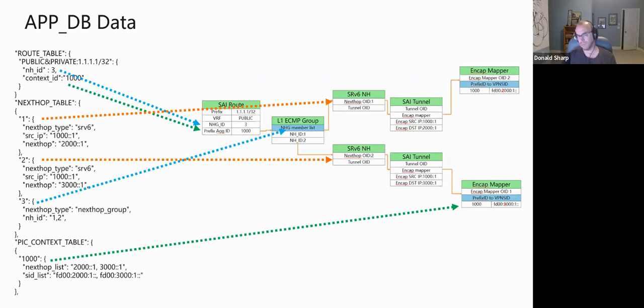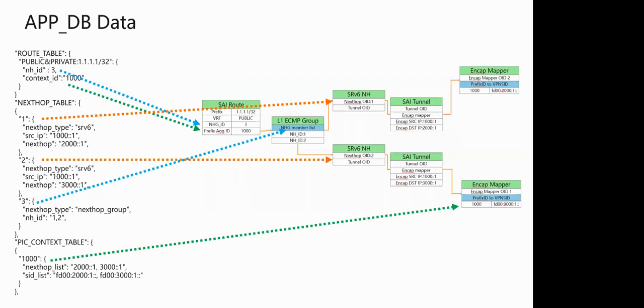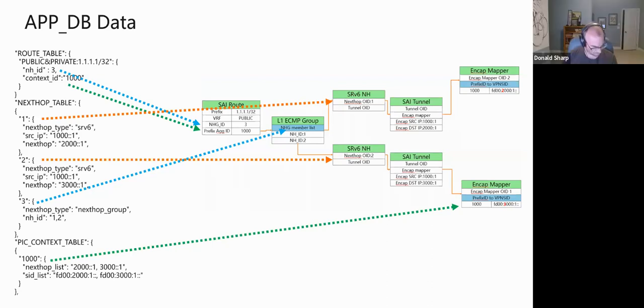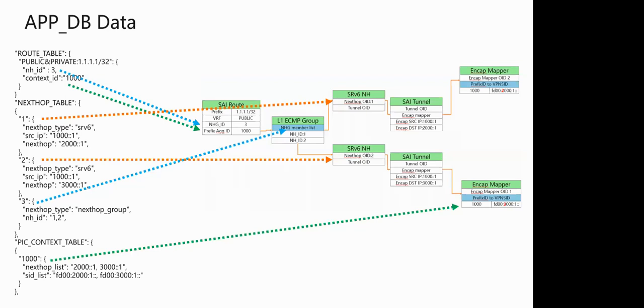The top level is the next hop group. The second level will have the VNIs, and then internally the last level, which is the egress next hop, the underlay next hop, is resolved internally by the SAI.